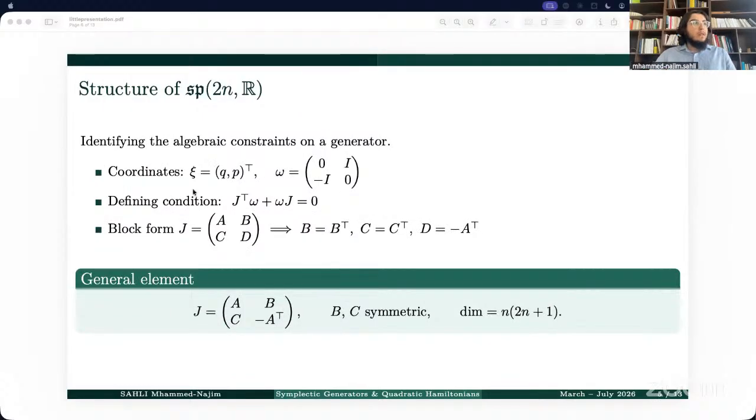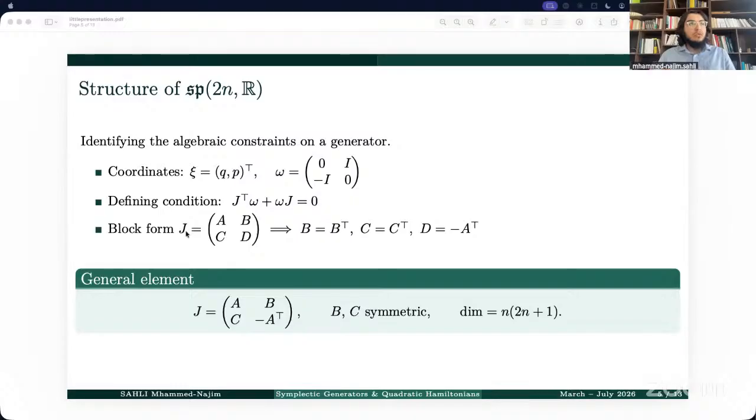To do so, we first described how the symplectic form omega is represented as a matrix. And then we can have a condition on the matrices J, the elements of the Lie algebra sp(2n), and this symplectic form; the relation is this one.